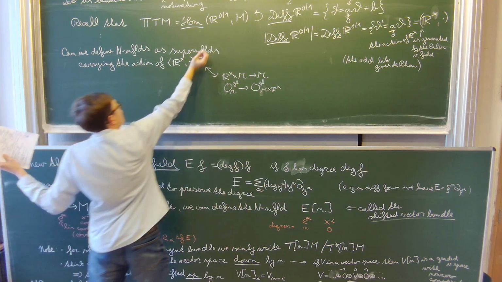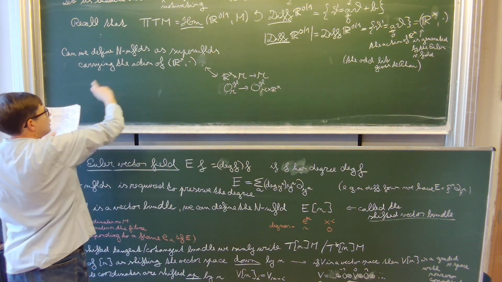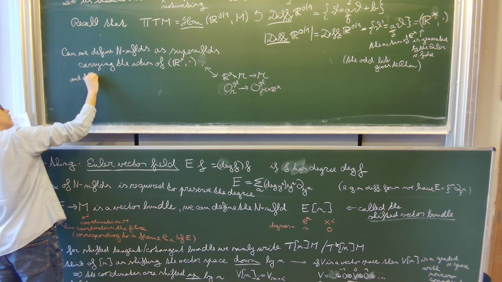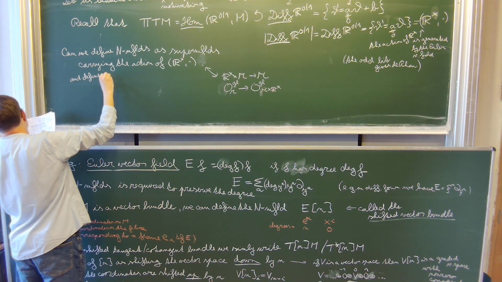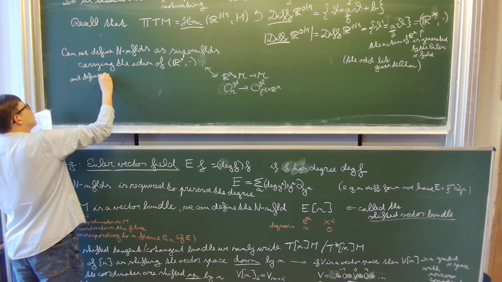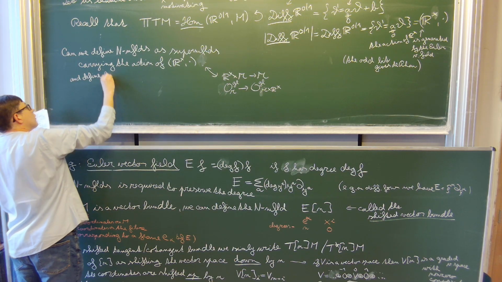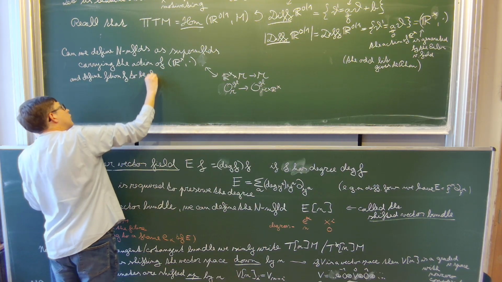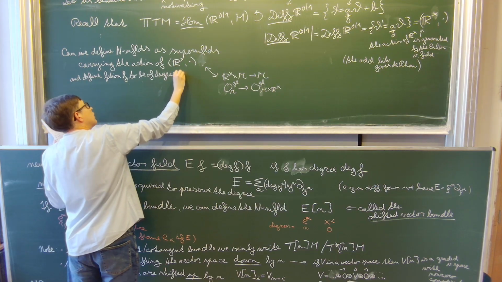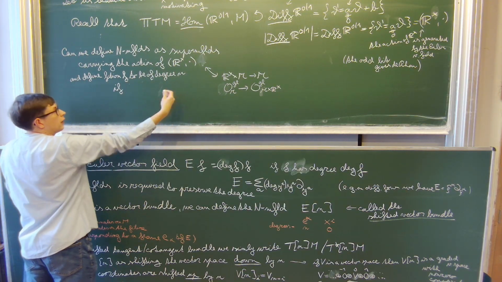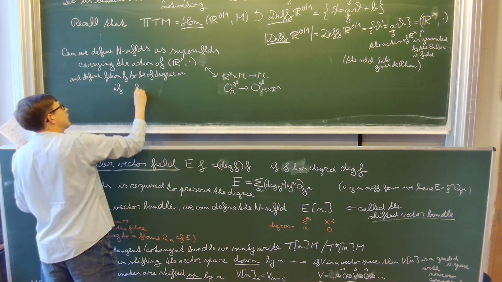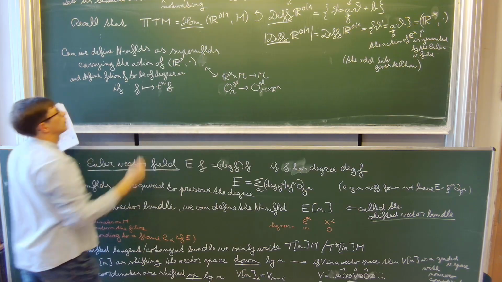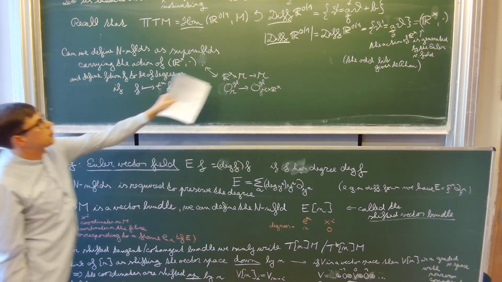Okay, so maybe we can define n manifolds as this, and then define a function f to be of degree n if under this pullback it maps to t to the n times f.